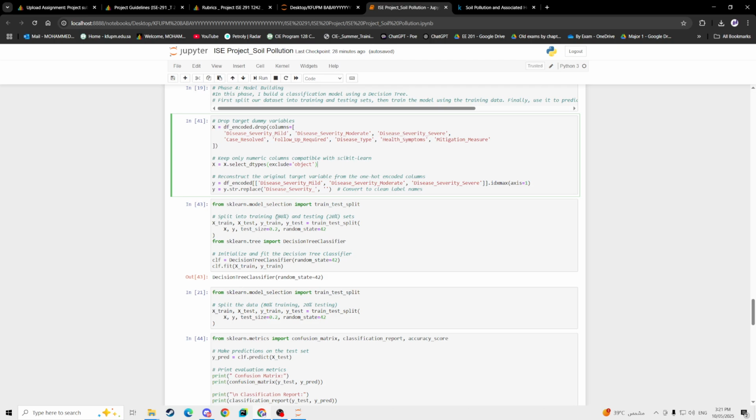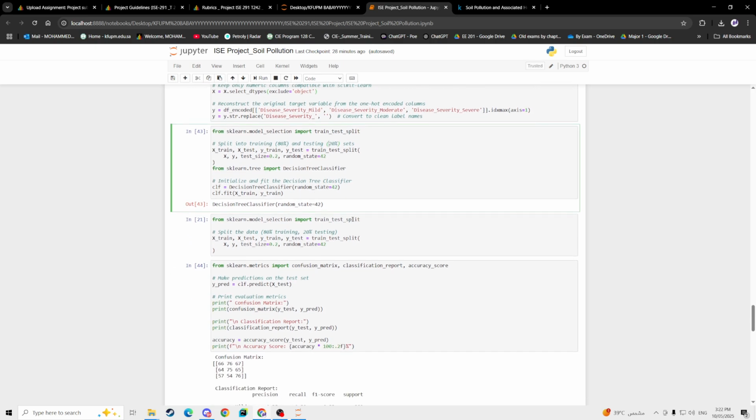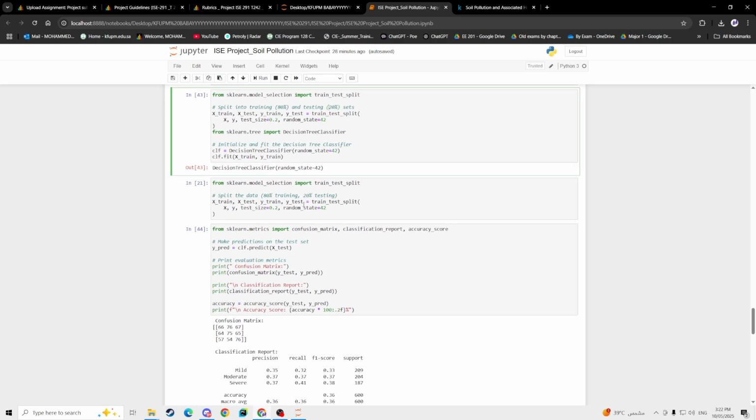I used an 80-20 training and testing split, which is standard practice in this course. Then I imported the necessary libraries in order to display the confusion matrix, classification report, and accuracy score of the data.